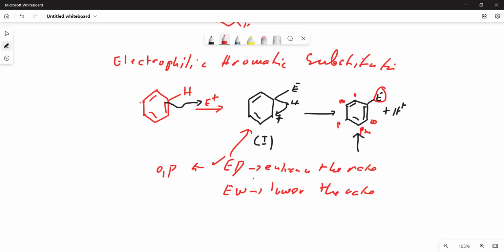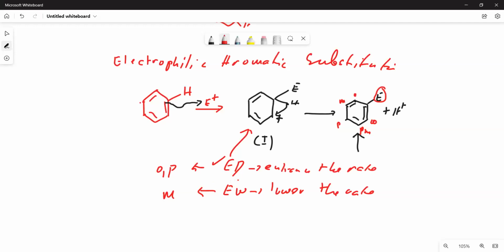Now, if the first electrophile is an electron withdrawing group, then it will direct the next electrophile at the meta position, not at the ortho and para positions. So electron withdrawing groups are meta directors, while the electron donating group will direct the electrophile at the ortho and para positions.